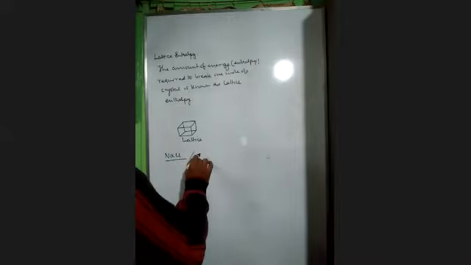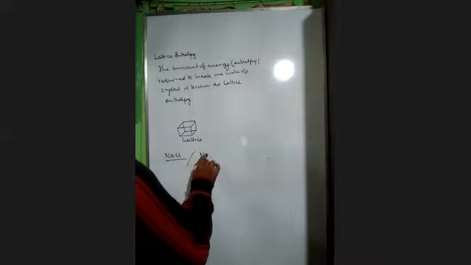Because, say, take the example of sodium chloride crystal. In nature, when the earth was born, sodium chloride was not there, but sodium metal element was there and the chlorine element was there. In that case, what has happened? It was in solid form.